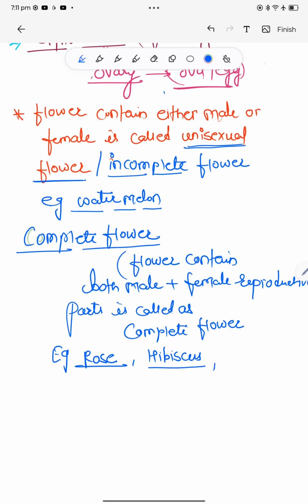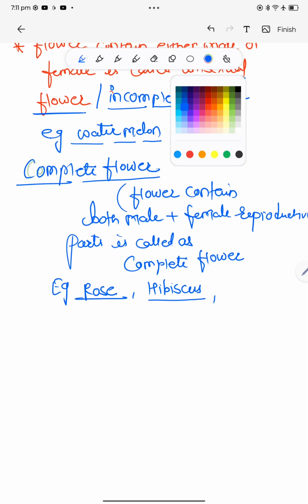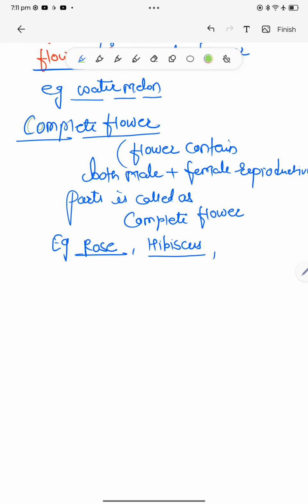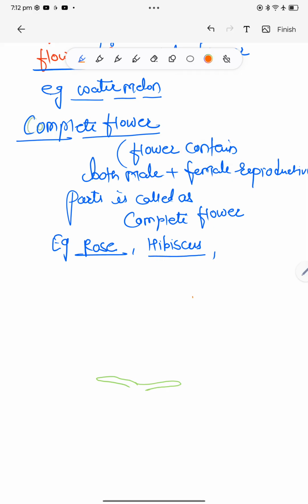Okay, now we draw the diagram of the flower. Firstly we draw the ovary, stigma, and anther. These are the stigma part, the style part, and the pollen tube.